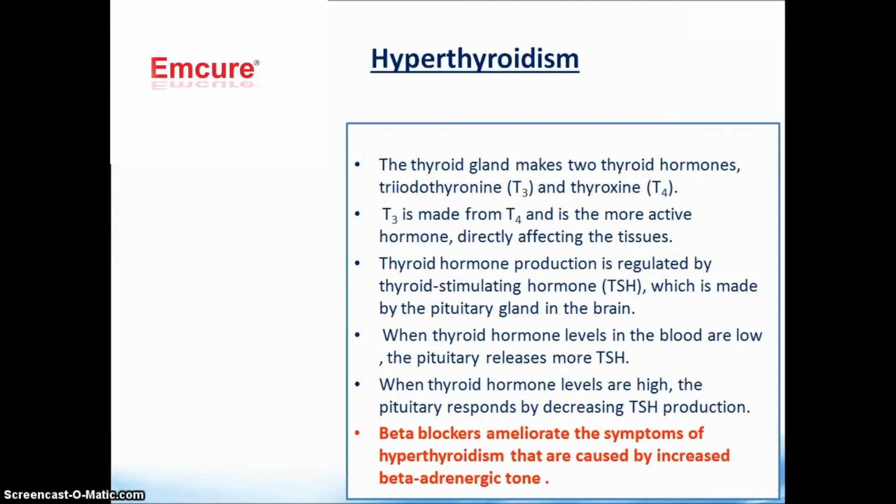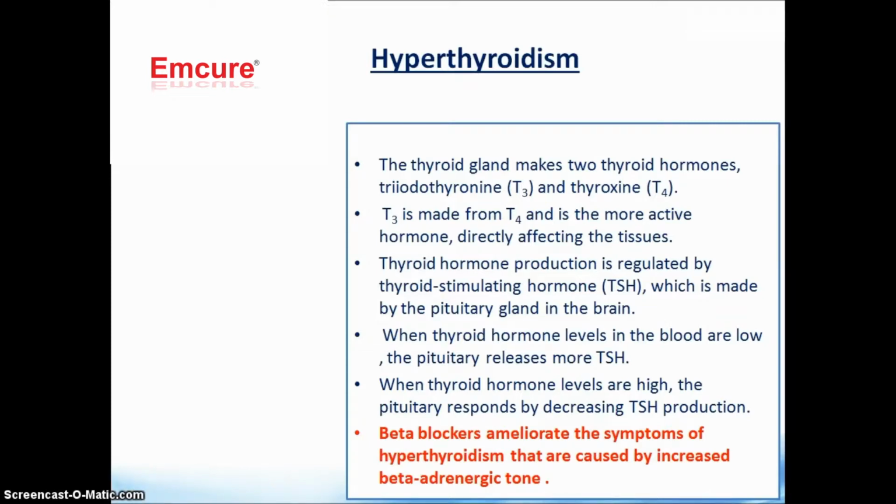When thyroid hormone levels in the blood are low, the pituitary releases more TSH. So if in your blood T3 and T4 are less, then TSH from the pituitary stimulates the thyroid gland to produce more hormones. When thyroid hormone levels are high, the pituitary responds by decreasing TSH production.